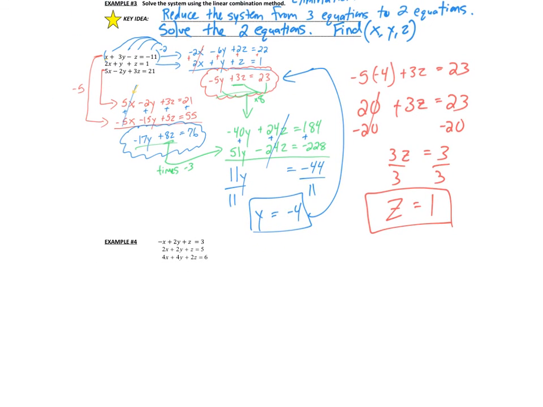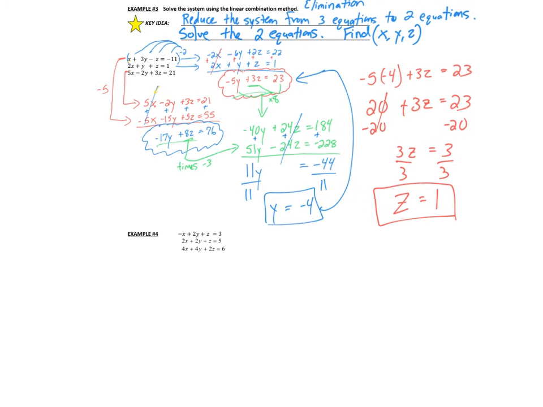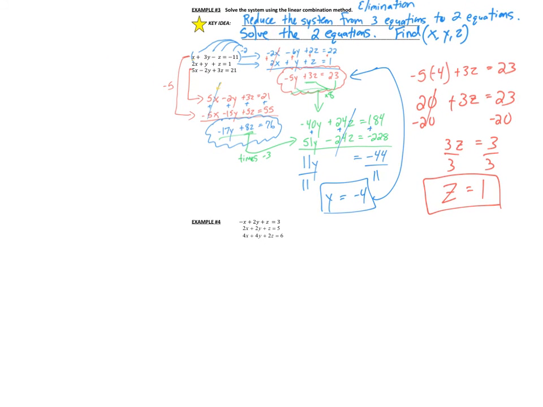How do you find x? Plug it in. Go back and plug those in. So take your z and your y, pick an equation. I'm going to take the top equation. I'm going to take x plus 3 times -4 minus 1 equals -11.